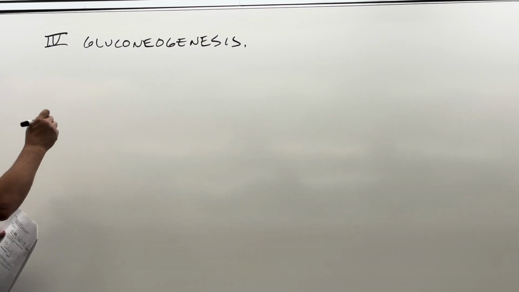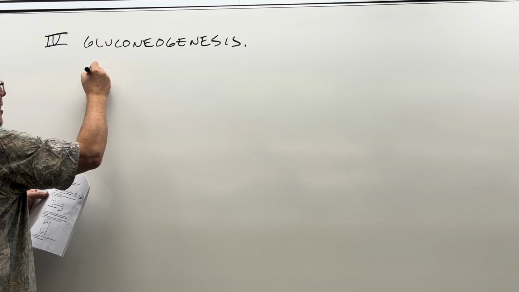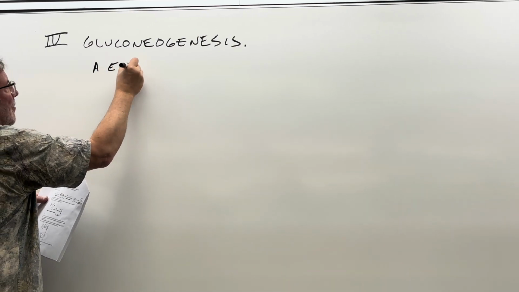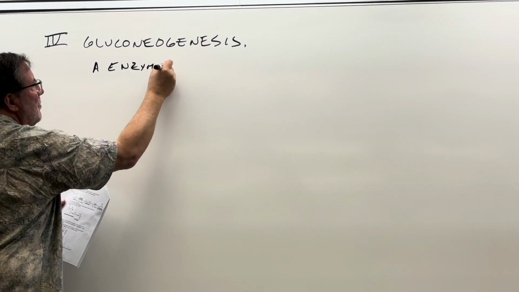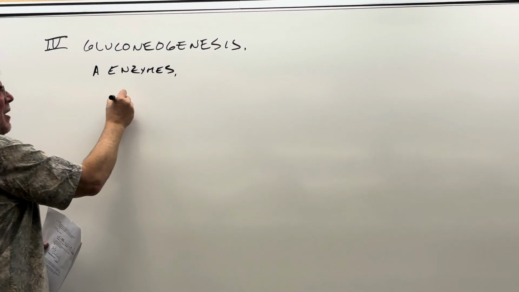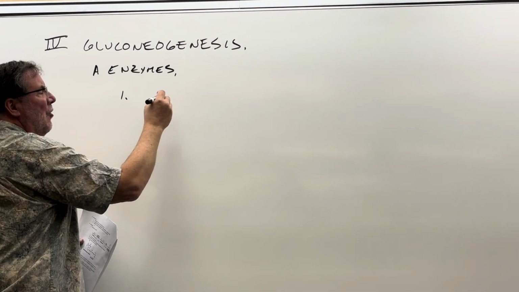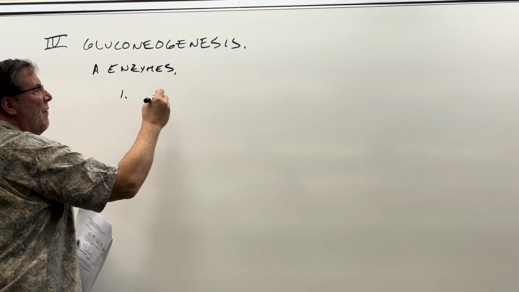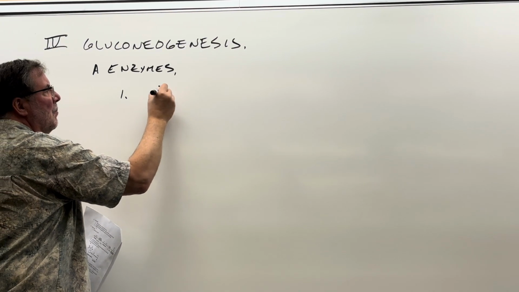Okay, so let's look at the enzymes. We have to go backwards, right? So the first one we're going to talk about is to try to go from pyruvate to phosphoenolpyruvate.